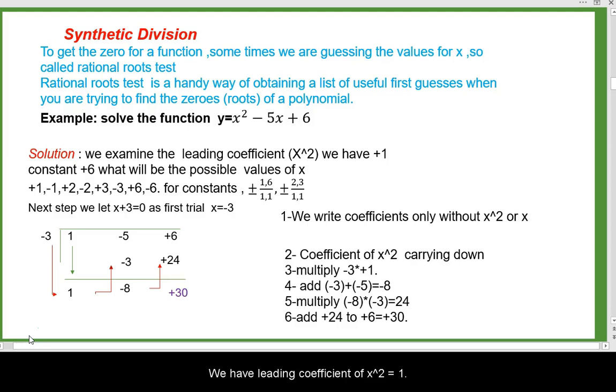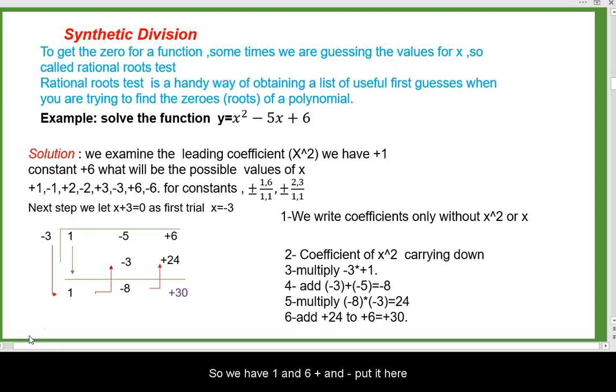The leading coefficient of x squared equals 1, which can be written as plus 1 multiplied by plus 1, or minus 1 by minus 1. The constant 6 can be factored as plus 1 times plus 6, or minus 1 times minus 6, or plus 2 times plus 3, or minus 2 times minus 3.